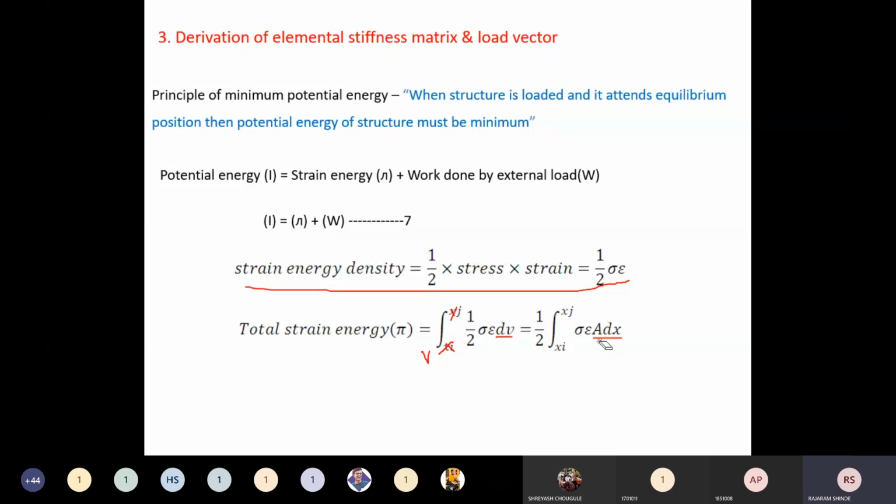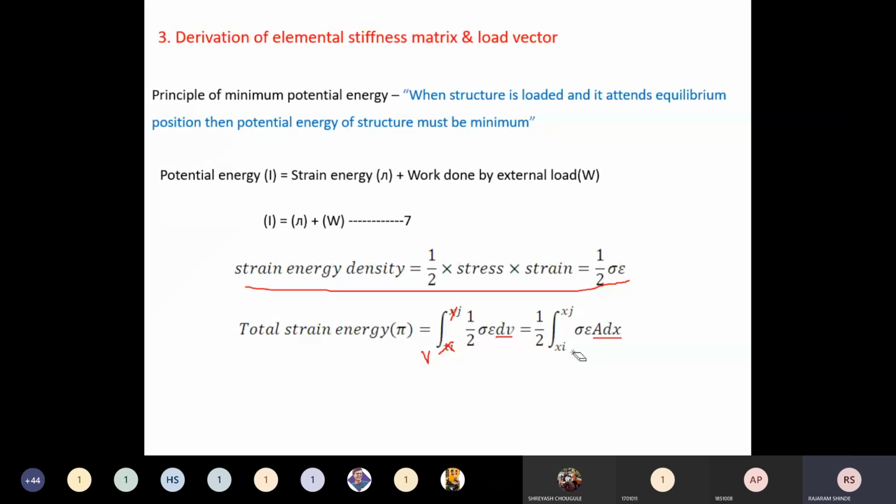Can you get this one? I have just replaced the dV by A dx. Now when we replace this dV by A dx, your integration becomes integration over the length dx. Do you agree with this? Now for dx we have limits xi and xj.